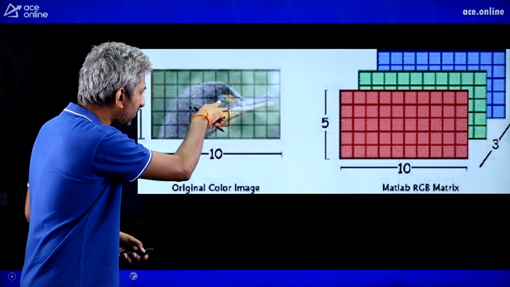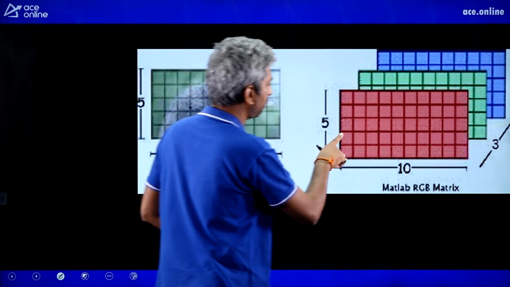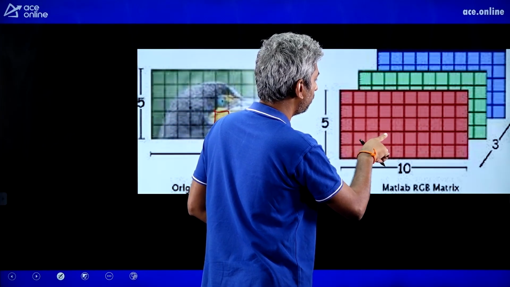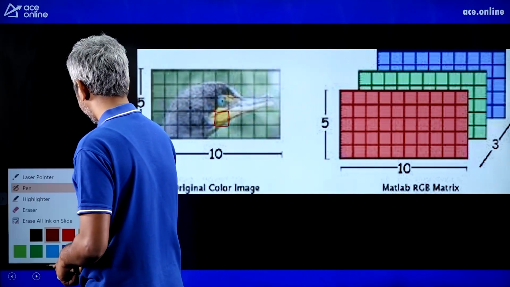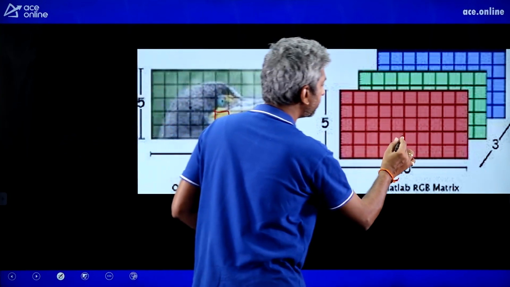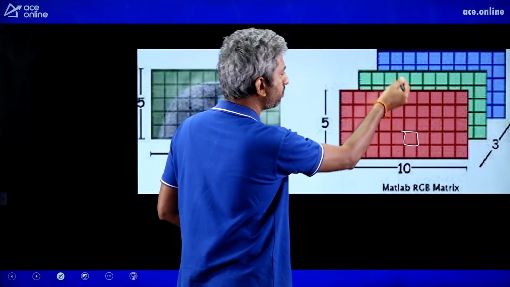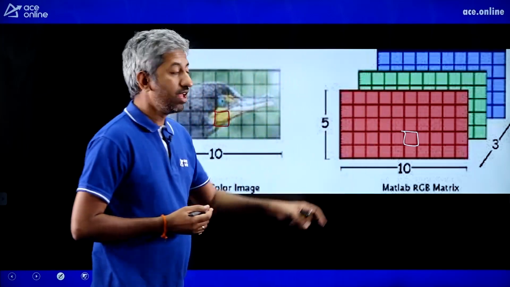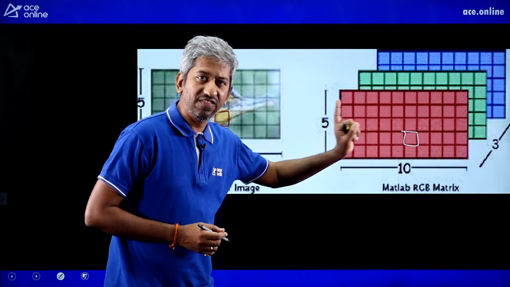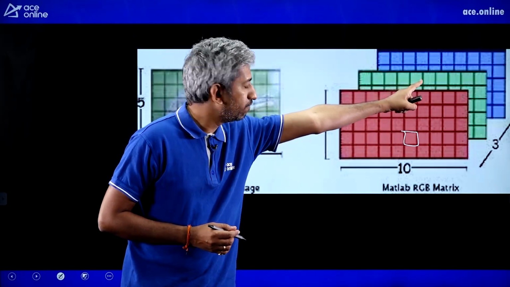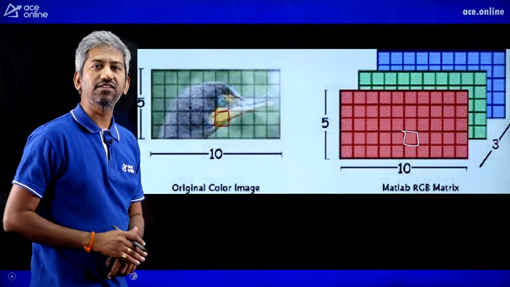So in this cell, for example, that cell is 1, 2, 3, 4, 5, 6. This is that cell, as well as the same position in green and the same position in blue. In red the value is 65, in green the value is 65, and in blue the value is 0, which gives this color.